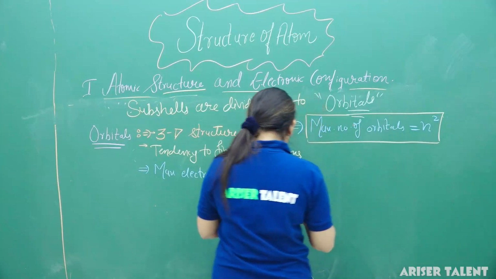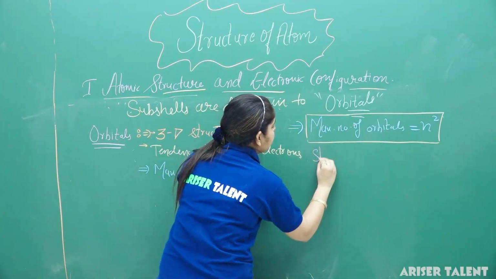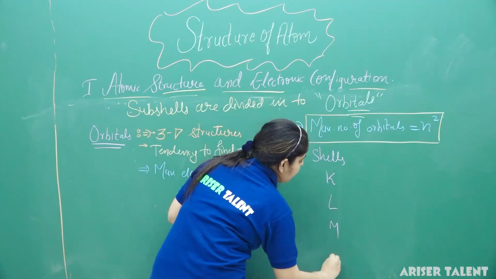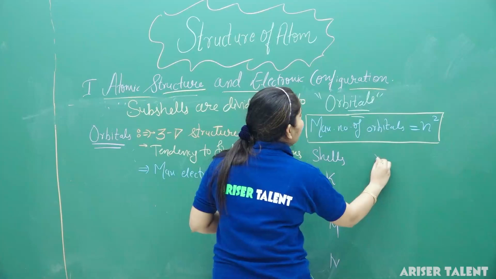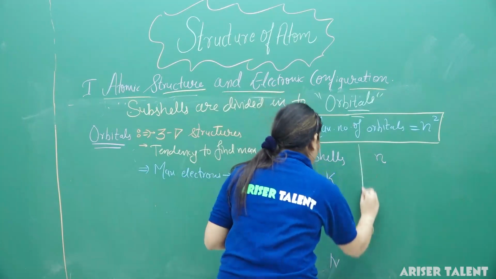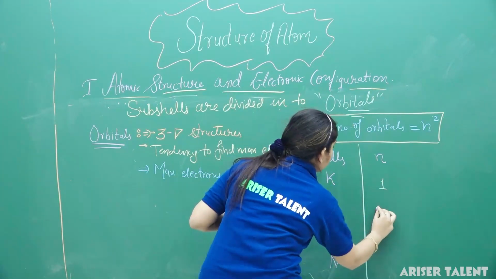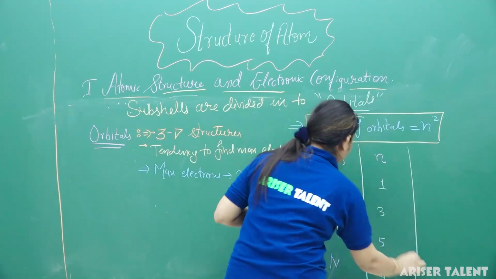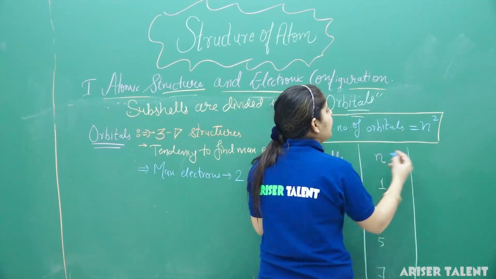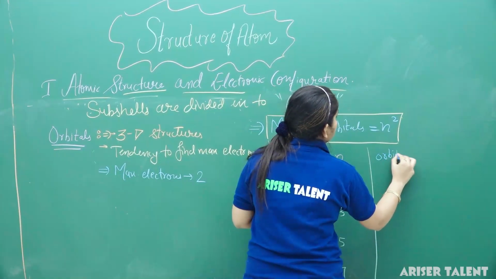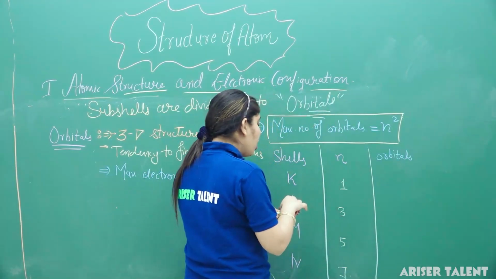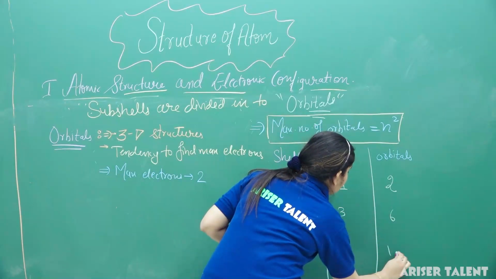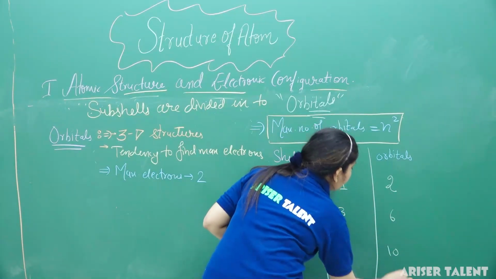Now we have 4 shells K, L, M and N. Now we will take the values of orbitals. It is 1, 3, 5, 7. Now we are going to calculate the electrons. So the electrons will be 2, 6, 10 and 14.